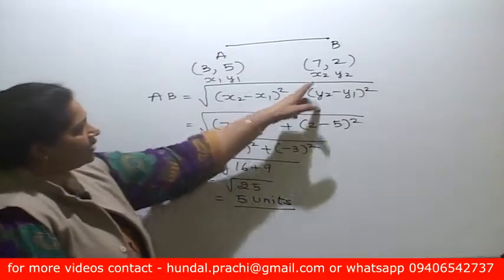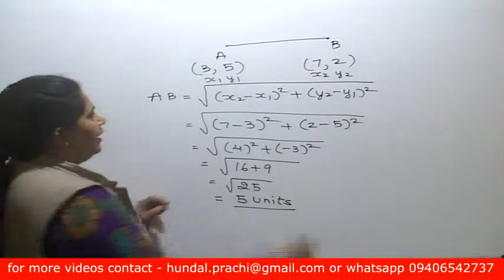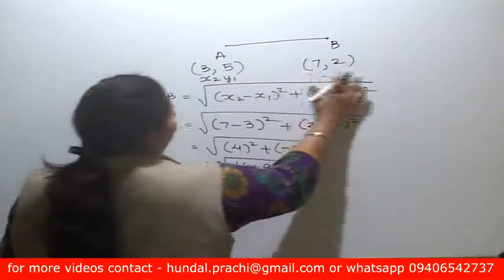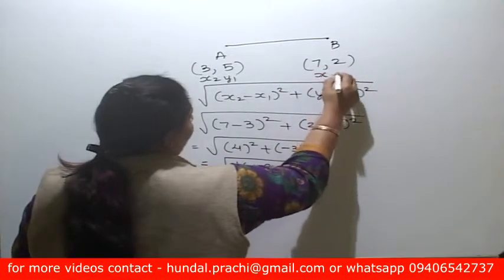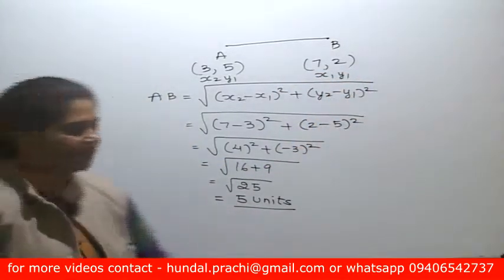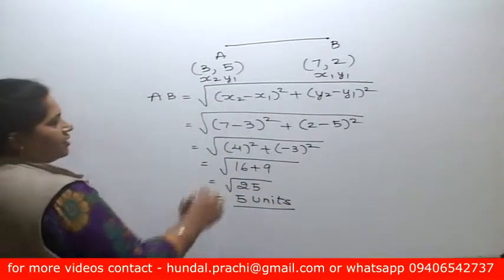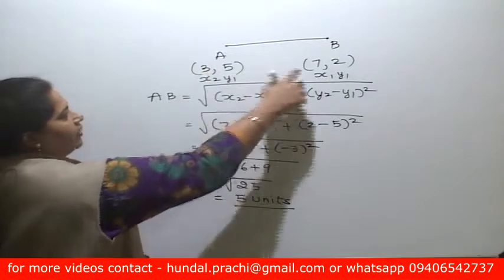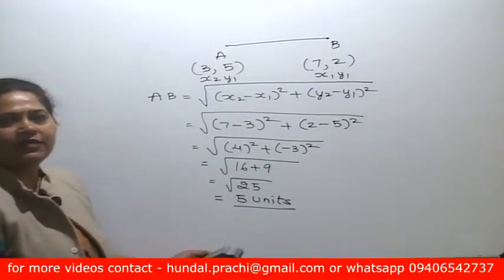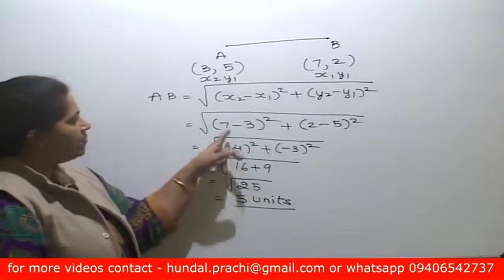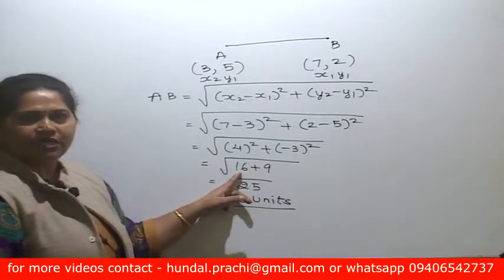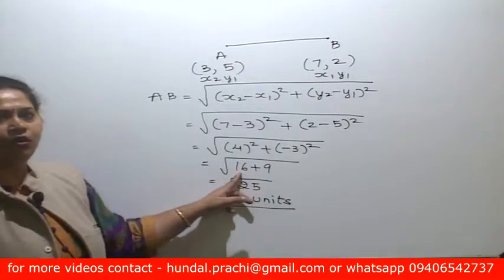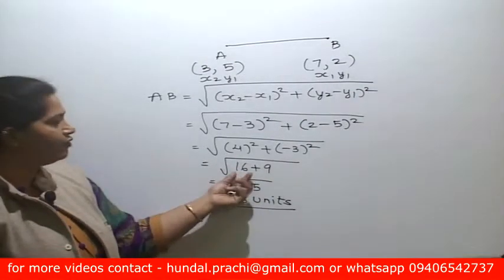Now instead of taking this as x2 y2, if I would have taken the other point as x2 y2 and this as x1 y1, then also the answer would have come same only, because if you take 7 minus 3, instead of 7 minus 3, if I would have taken 3 minus 7, then 3 minus 7 means minus 4, and minus 4 square will also give you 16 only, because if you change order of the numbers and take the difference, the only difference will be of the sign, value will be same.